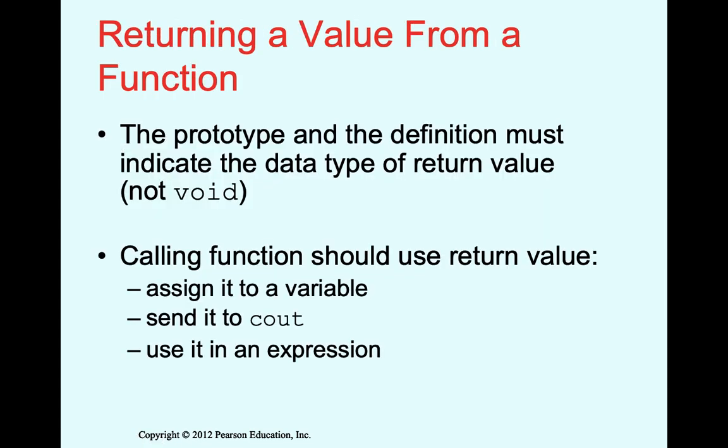The prototype and the function must indicate the data type of the return type. If we write a prototype for these functions, we should not write void. We should write whether it returns integer or double or something. When we call this function, you should store the value either in a variable, or you print what the function returns, or you use it in an expression, something like this.